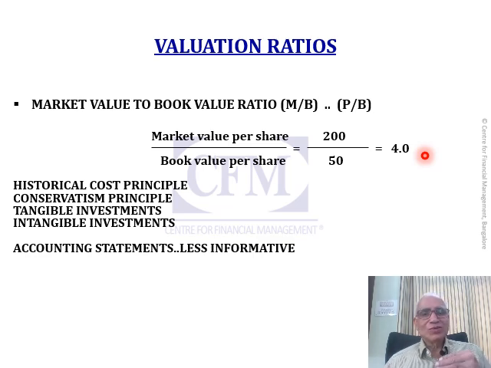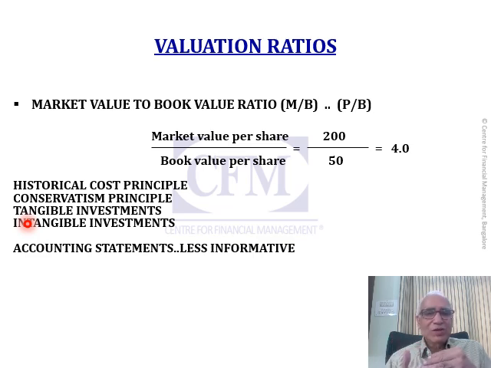Why is there so much of discrepancy between book value per share and market value per share? It is mainly because book value per share is calculated using the historical cost principle and the conservatism principle. In addition, book value per share does not represent intangible investments or intangible assets.